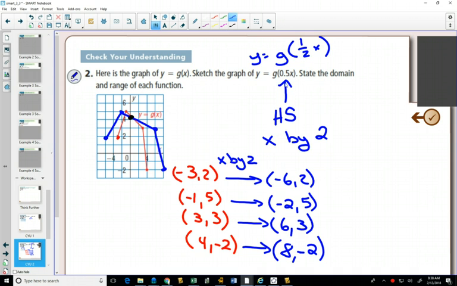Your y-intercept will stay the same because on your y-intercept, your x-coordinate is 0. I believe this one's at 0, 4.5. If you multiplied that x-coordinate, which was 0, by 2, it's going to stay 0. So it should make sense that my y-intercept is the value that's not going to change. Everything else gets changed and is stretched horizontally by a factor of 2.